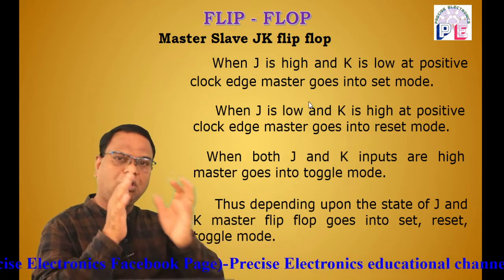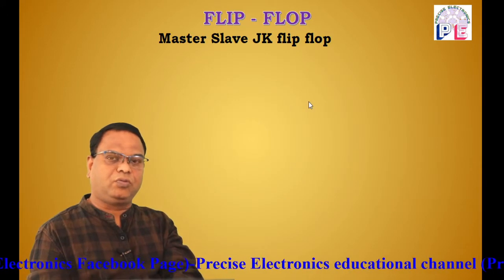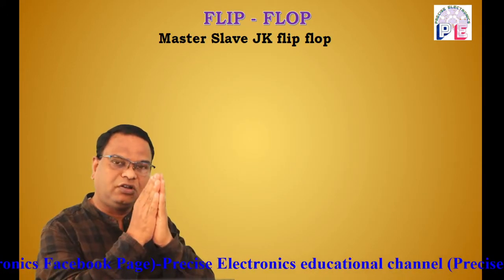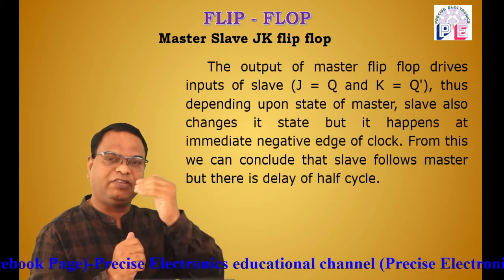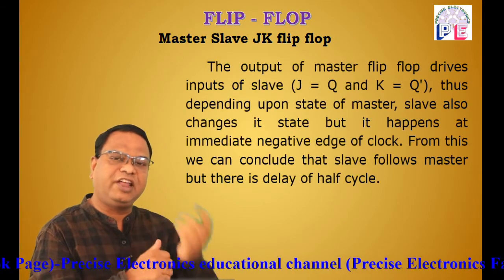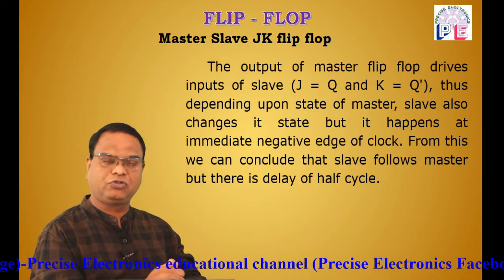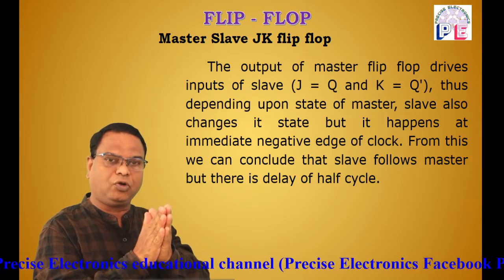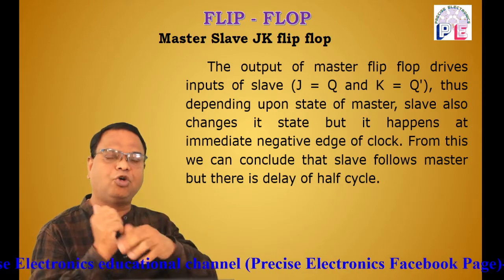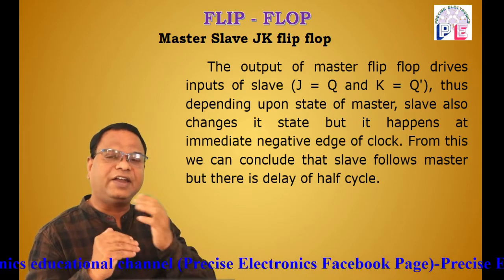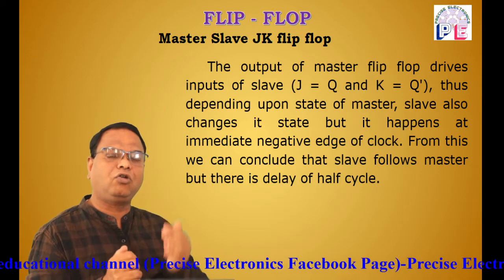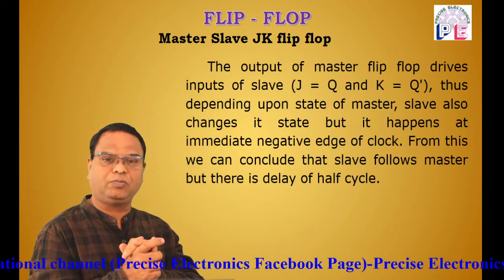The output of the master flip-flop drives the J and K terminals of the next flip-flop, that is basically the set and reset terminals of the next flip-flop. So the J input of the slave flip-flop is connected to Q, that is the output of the master flip-flop, while Q complement is connected to the K terminal of the slave flip-flop.